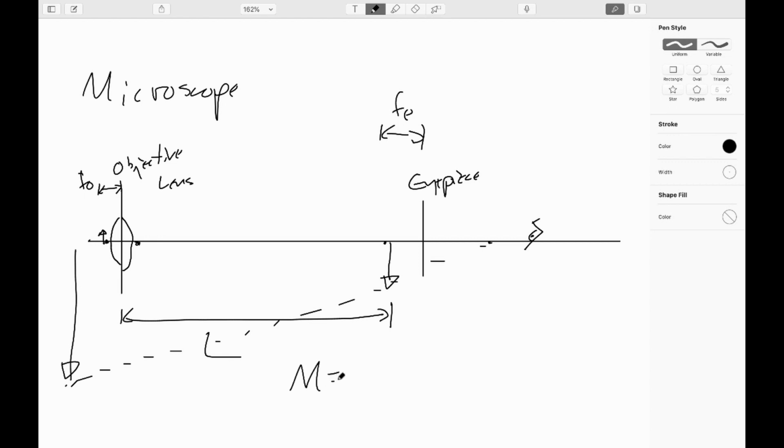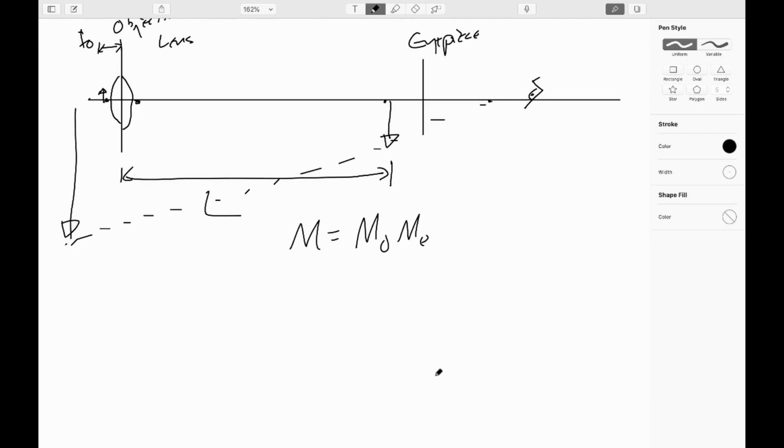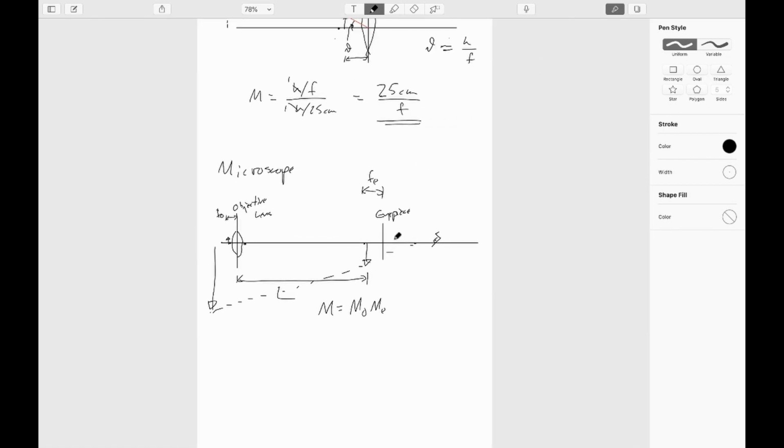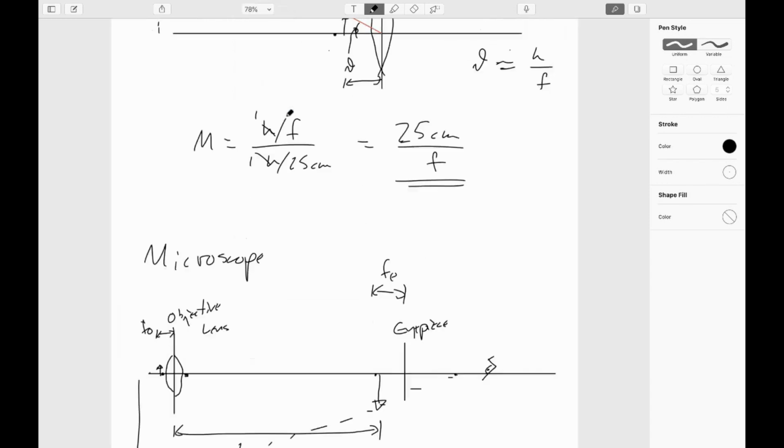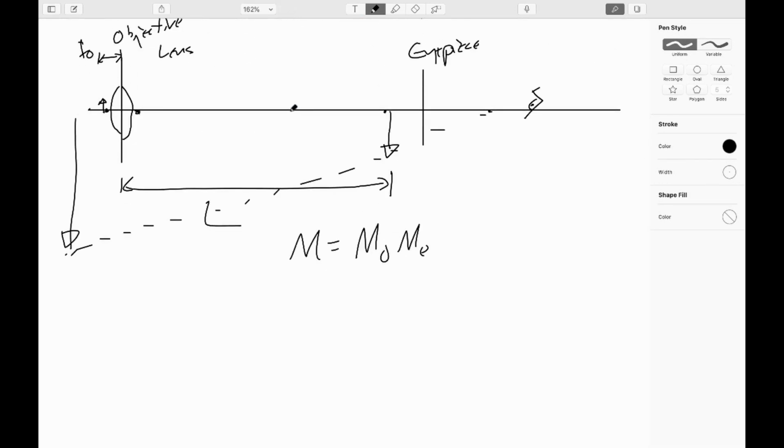Our magnification is going to be the magnification of the objective times the magnification of the eyepiece, following a similar triangle argument similar to the one that we had just done. It would give us an objective magnification of the tube length over the focal length of the objective.